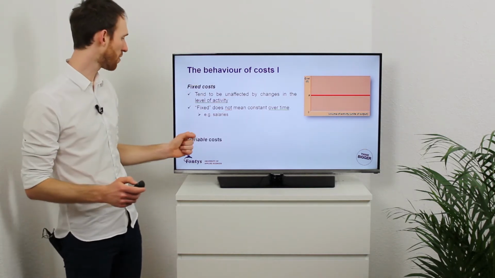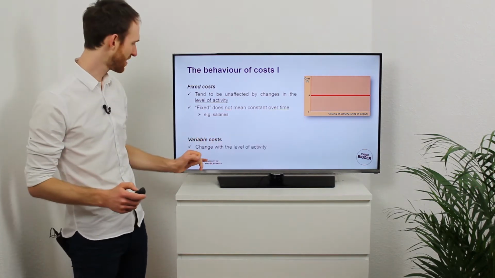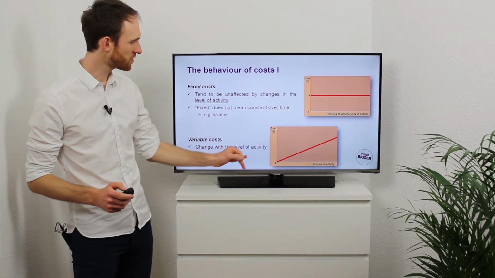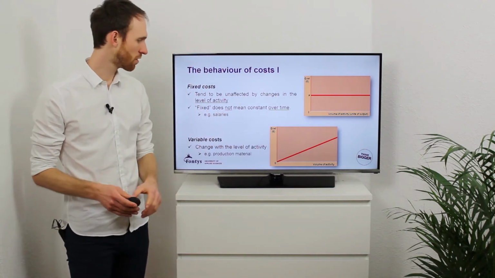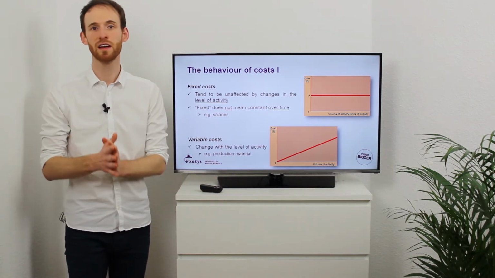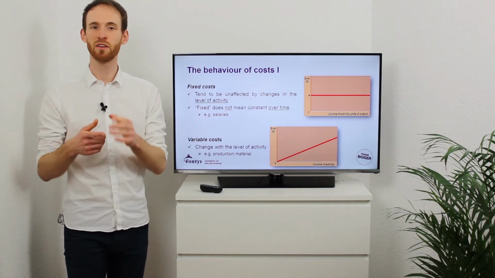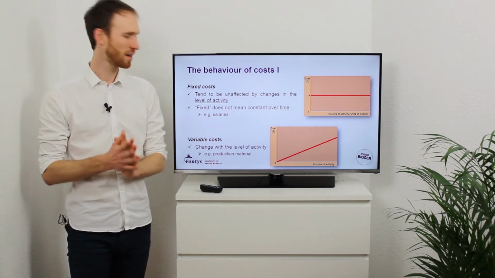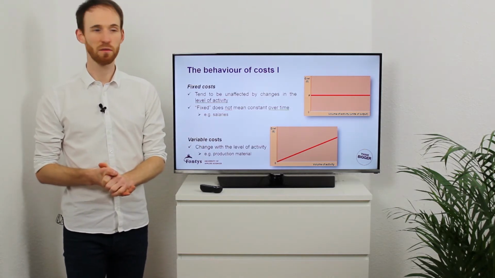Let's look at variable costs. That is the opposite of fixed cost. It changes with the level of activity. The more we produce, the more costs we have. For example, production materials. If we produce smartphones, the more we produce, the more raw materials we need, like plastics and certain other components that we need in the phone. So the more phones we produce, the higher the variable costs will be.